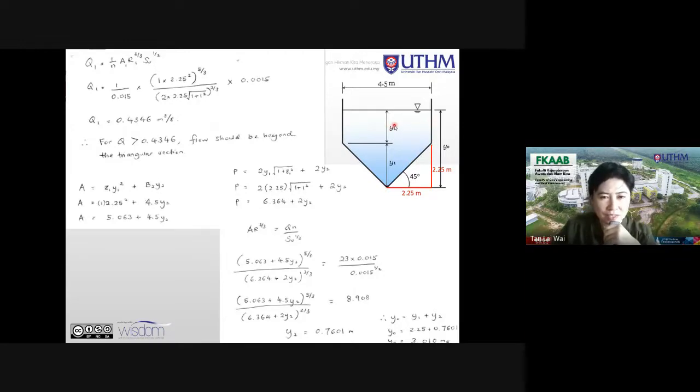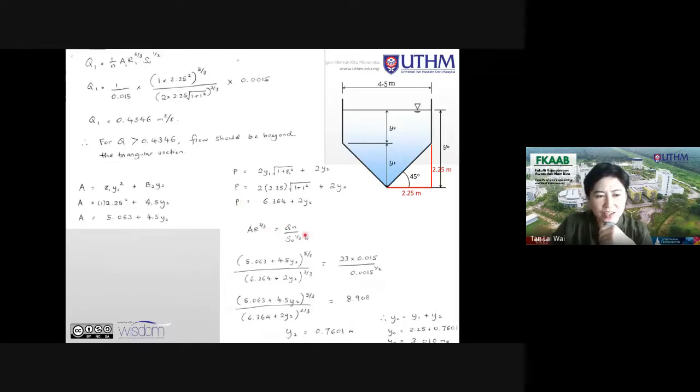My rectangular section would be in terms of the depth of Y2, while my triangular would be in terms of the depth Y1. Substituting, still assuming that this is fully flow, then I have this expression, which is my wetted perimeter equal to 6.364 plus 2y2.